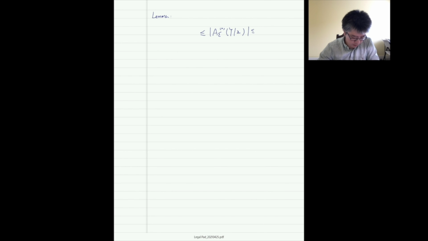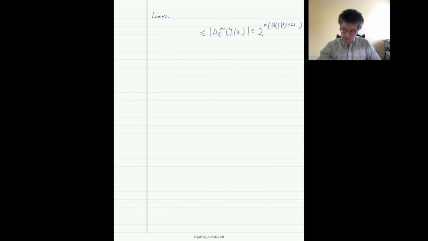The upper bound of this is nothing but 2 to the power of n. So you may think that if there's no x, what inside should be the entropy of y. But because we are conditioning on the observation of a typical sequence x, here it is y given x, at 2 epsilon.